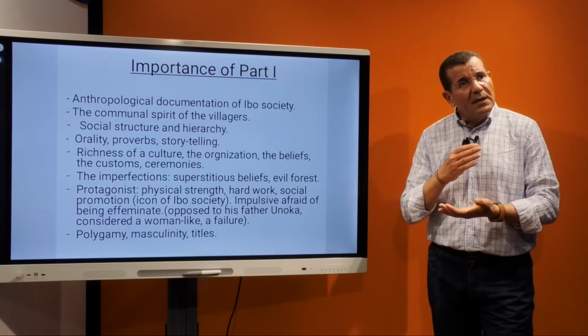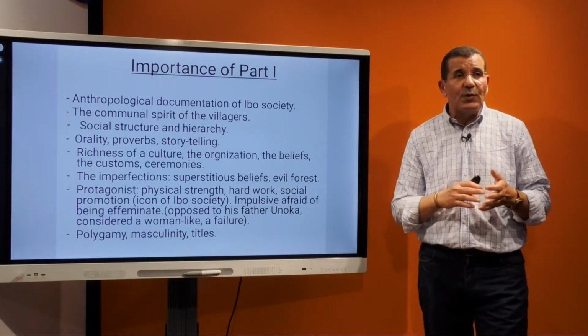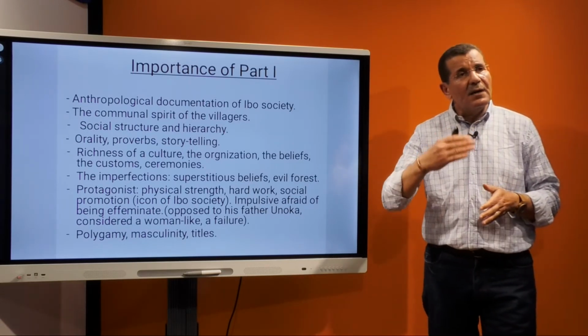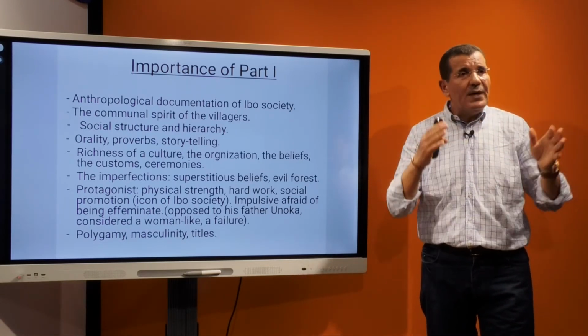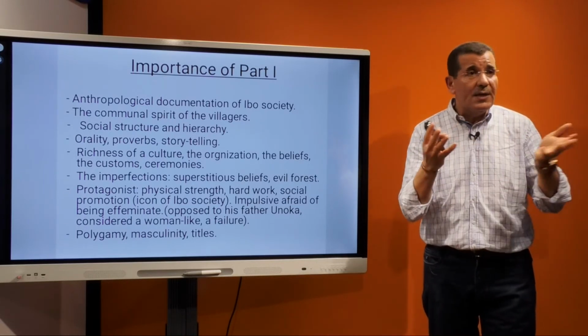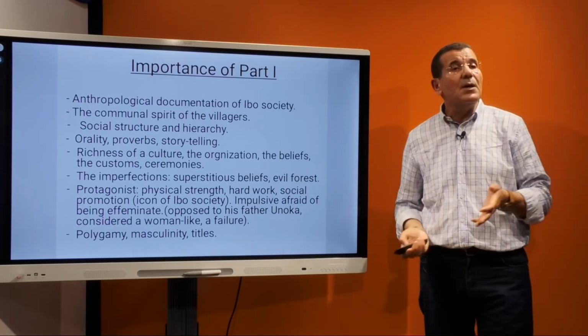And besides, the writer presents aspects of this culture which is based on polygamy, importance of masculinity, and hierarchy and titles. A very important structure of a society that exists with, as Achebe says, imperfections. It exists there with positive things, but also with the imperfections.